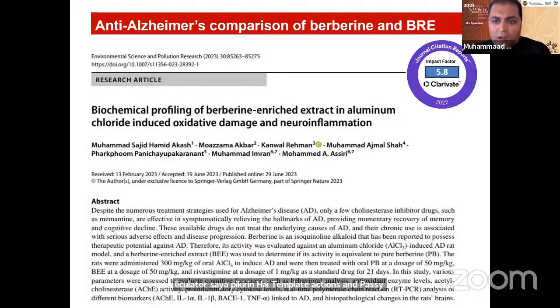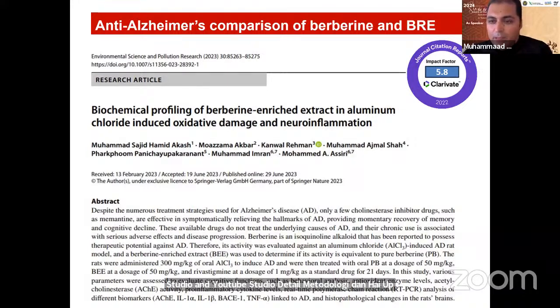For studying the details, I may share the link of this article. You can download it and study the detailed methodology of how we performed the effect of berberine rich extract on oxidative damage and neuroinflammation.